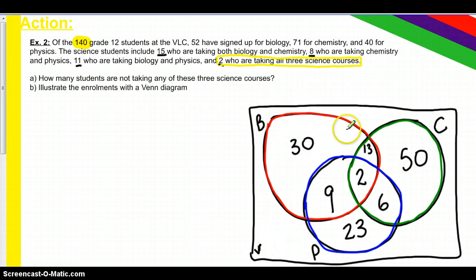So if we add up the total number of students that we see inside of the circles, there are a total of 30 plus 9 is 39, plus another 15 in biology, so that's a total of 52 for biology.